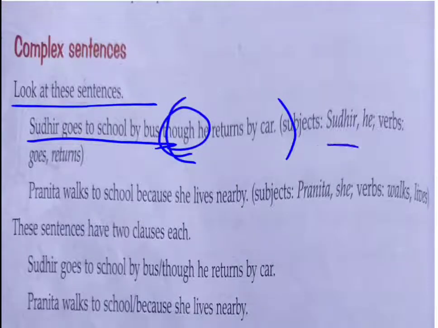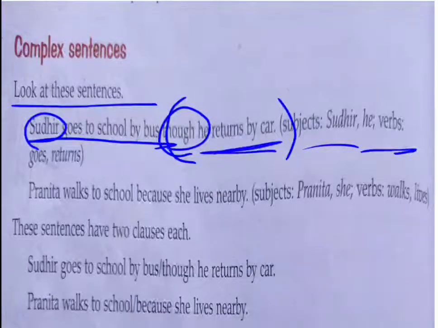So your subject is Sudhir. He. So in the first sentence, Sudhir is the subject. We know it, we have done it before. But this is also another sentence which is joined by the conjunction though. So this he is also known as a subject. Now what is the verb here?